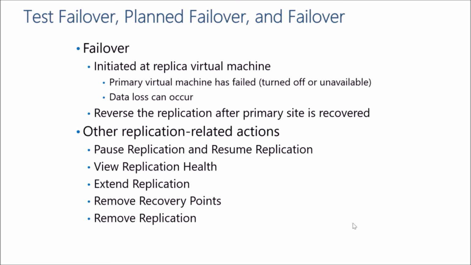So it's initiated at a replica virtual machine, when the primary virtual machine has failed, turned off, or is unavailable. There could be data loss because the differences between where the primary virtual machine was at and where the replica virtual machine is at might be different because the replication has not all gone through.